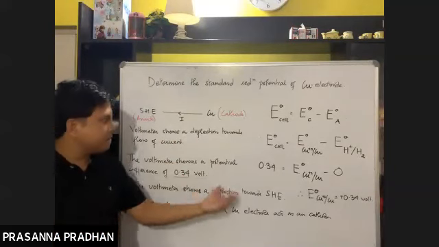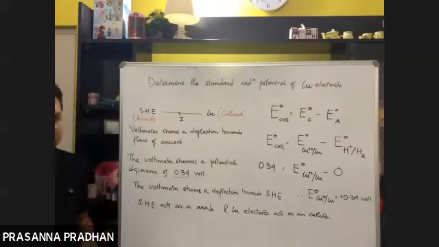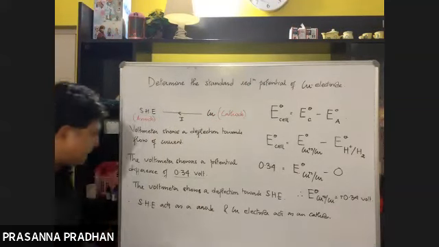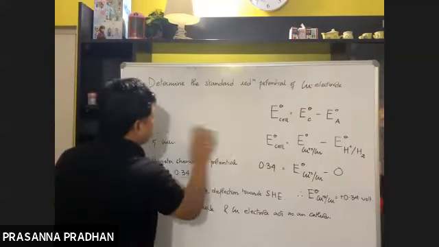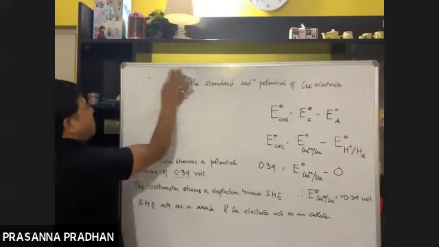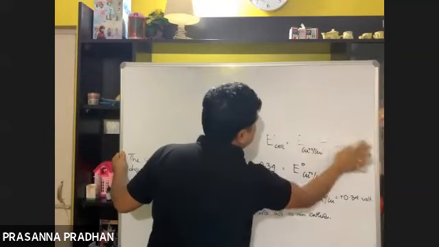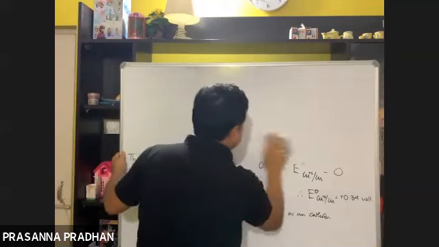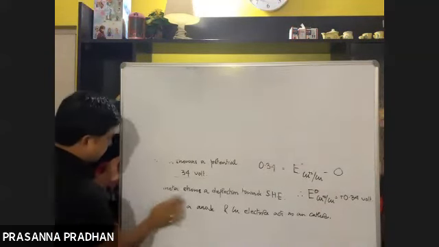And I told you an easy method: if you are using copper electrode, copper behaves as a cathode. Remember in that way. So in this way, by using this particular formula, the electrode potentials of almost all the metals are determined, with respect to a standard hydrogen electrode.